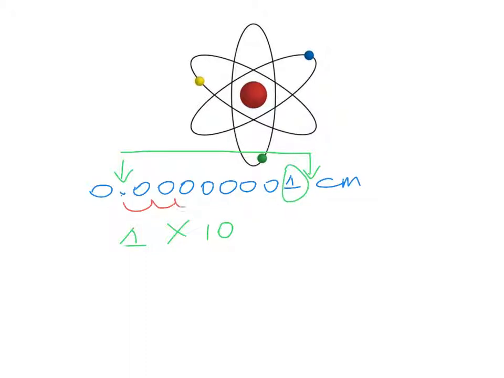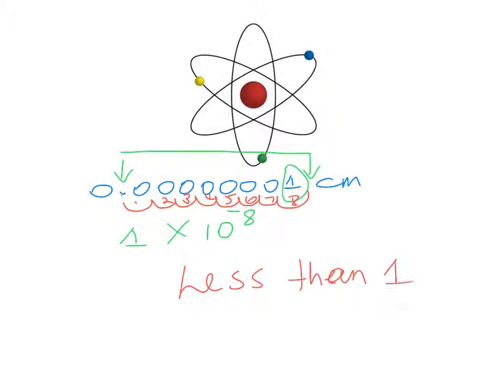1, 2, 3, 4, 5, 6, 7, 8. Let me write that in there so you can remember. 5, 6, 7, 8. So in that case, we have 1 multiplied by 10 to the power of negative 8. Now it's negative because it is less than 1.